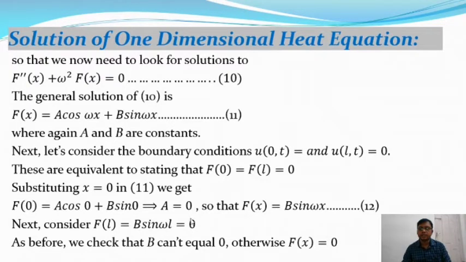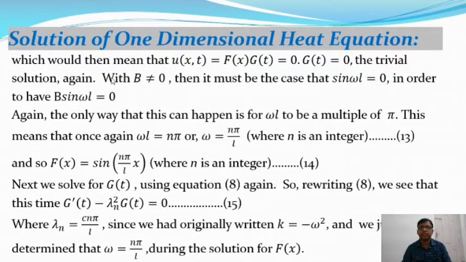As before we check that b cannot be equal to 0. a and b are constant terms, so b is not equal to 0. Otherwise f of x is equal to 0, which would mean that u of x comma t is equal to f of x into g of t, and f of x is equal to 0 in that case, so 0 into g of t is equal to 0.